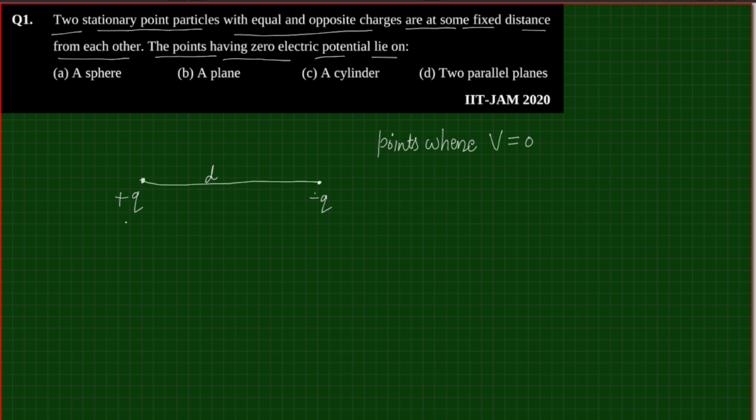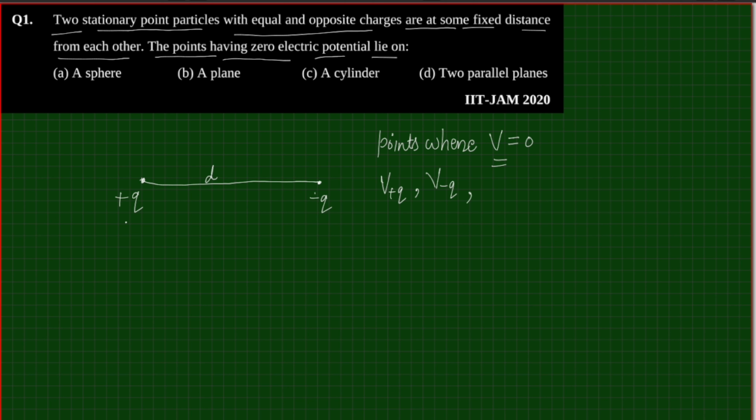We have to tell such points where total potential is zero. So total potential at any point will be due to plus q and due to minus q, because only two charges are the source for potential.